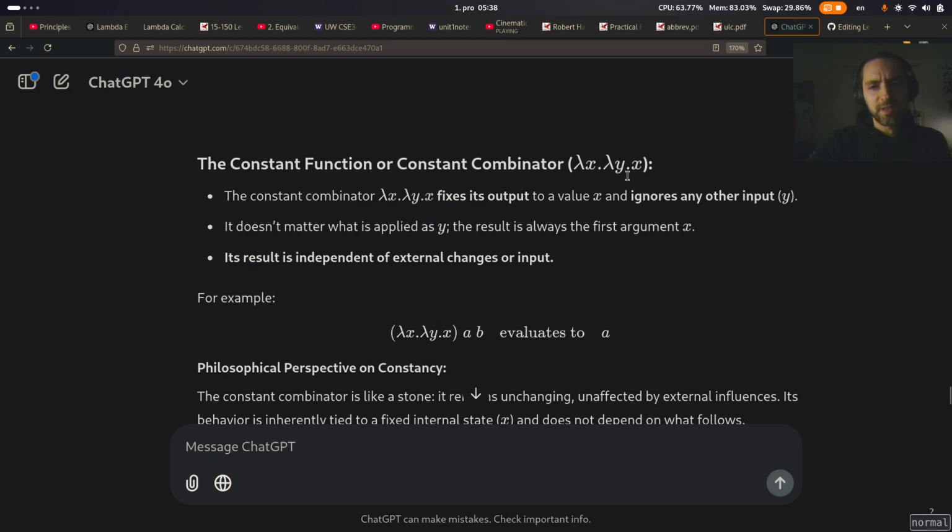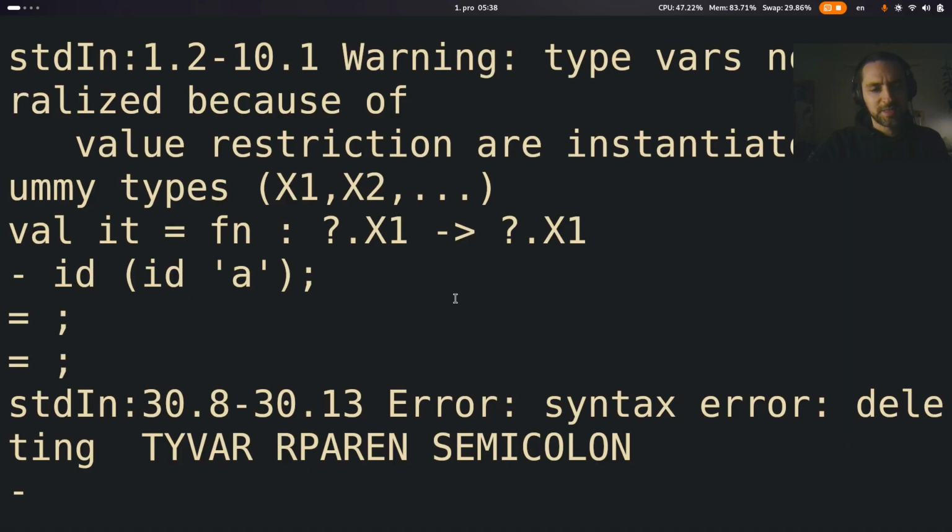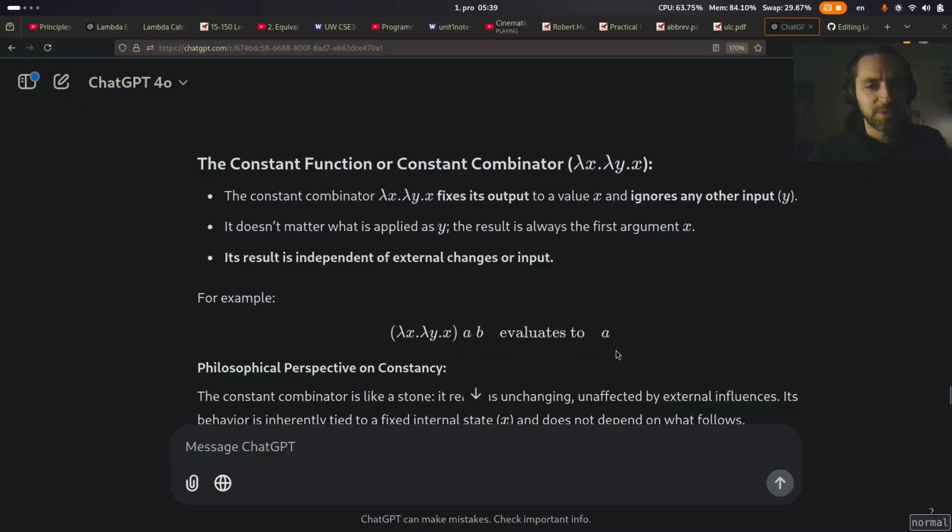But it's interesting that you would first think that maybe it's lambda x dot x y, and then you give it something and it returns... well, you would have to give it two things. Yeah, this is about the curried form.